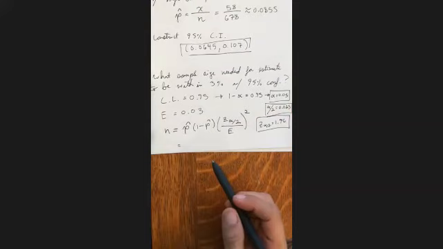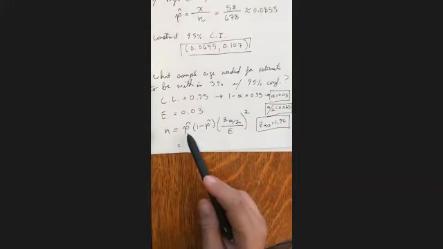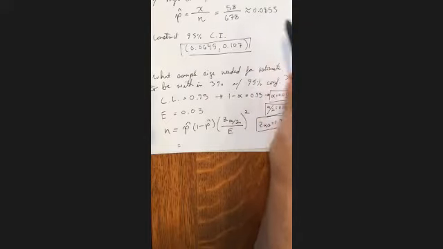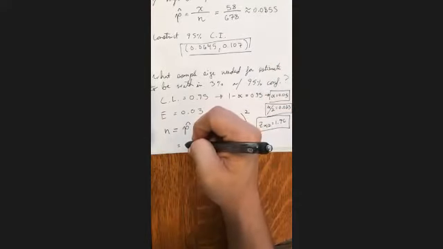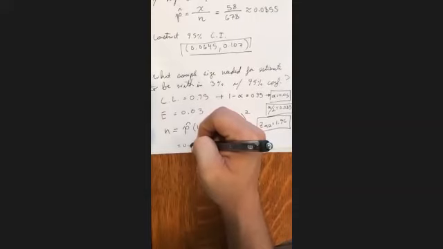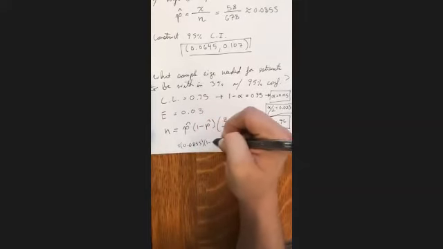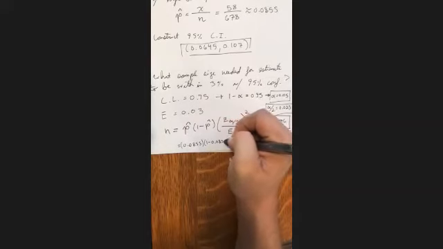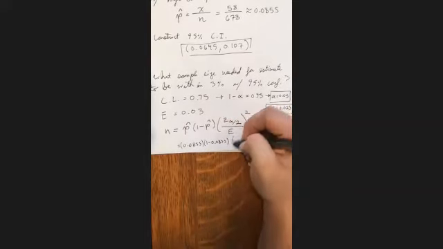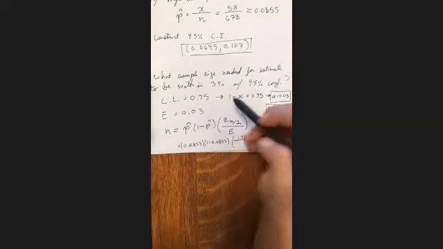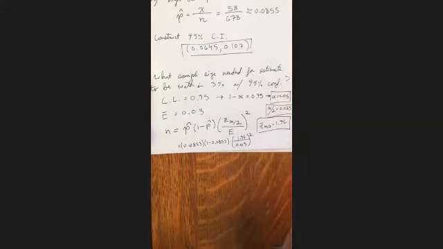So now we just punch everything in and get a number, right? P hat we have up here, 0.0855. So 0.0855 times 1 minus 0.0855 times 1.96 over our E value, which was 0.03, and that's squared.